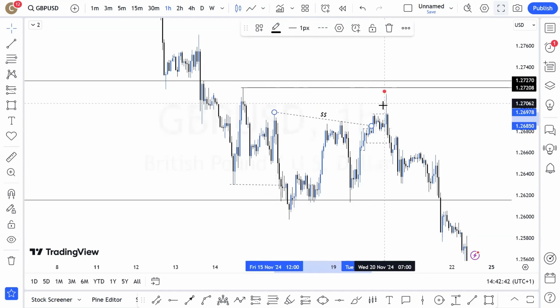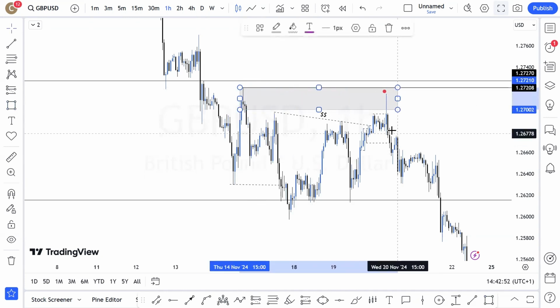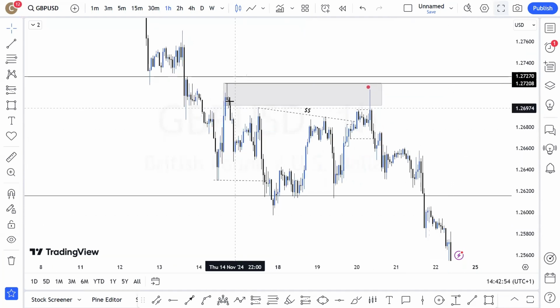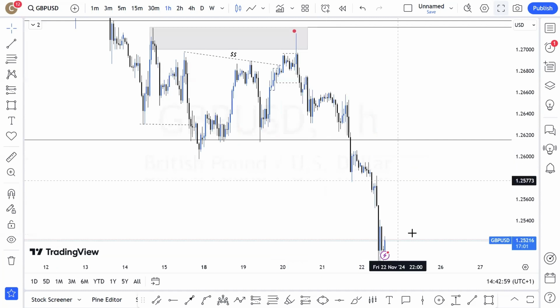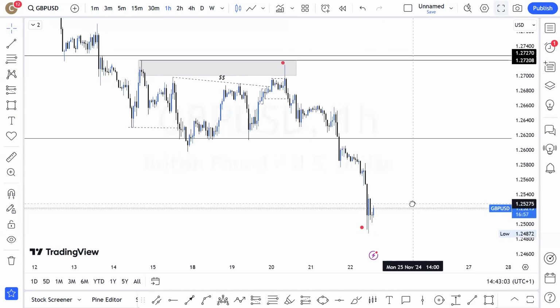So in this regard, the market didn't really grab the external liquidity, but took this internal liquidity, mitigated this other block, all right? And traded into this other block before we see it deplete to the downside. And this was actually what was responsible for this big move to the downside on GU, all right?